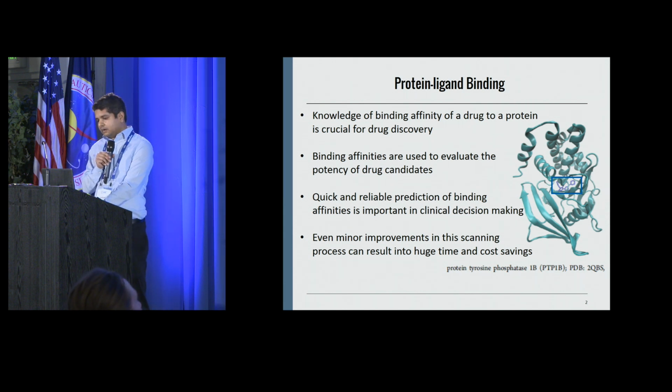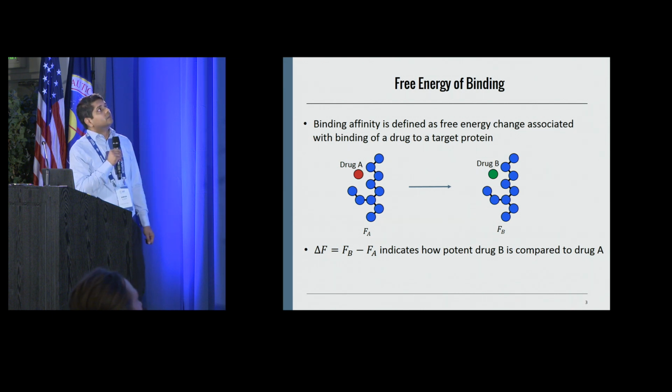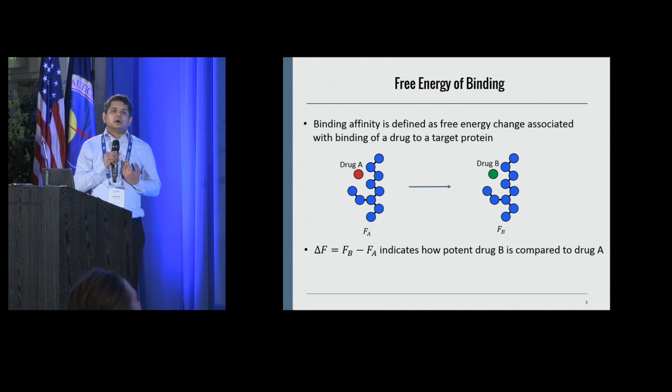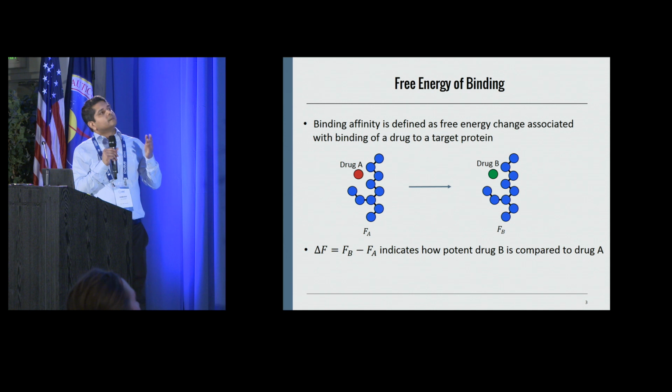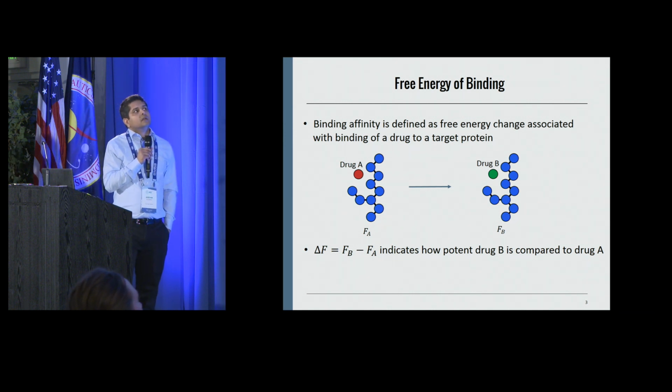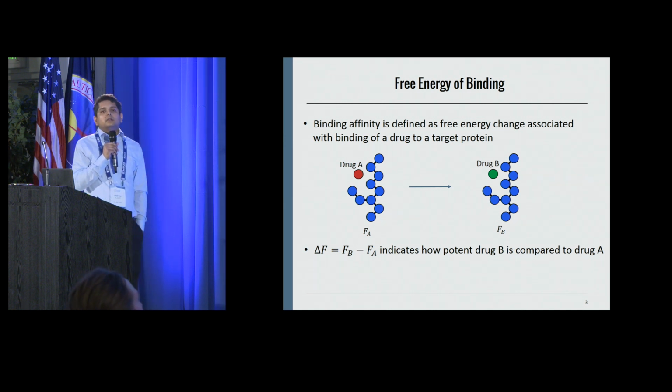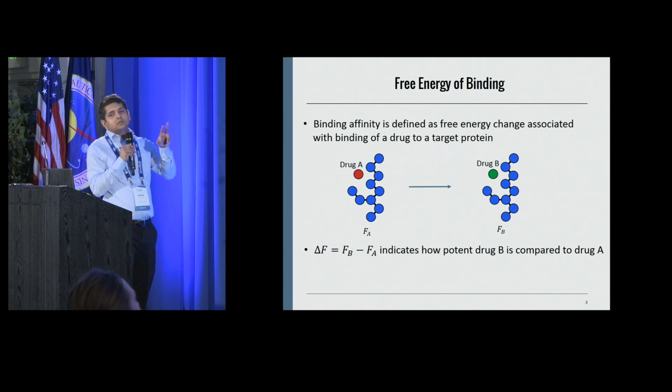So let's simplify this problem. When we talk about binding affinity of a protein, that means we are talking about free energy. In this case, what we are interested in is basically two states. State A, where drug A binds to the protein, while state B is where drug B is bound to the protein. You are interested in the free energy difference between these two states.